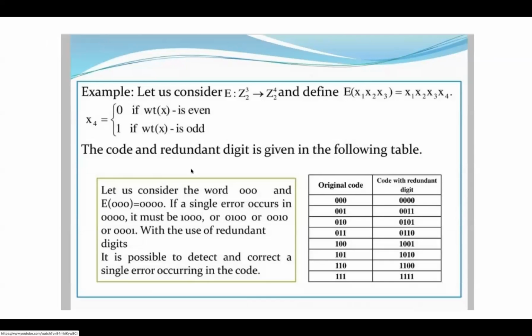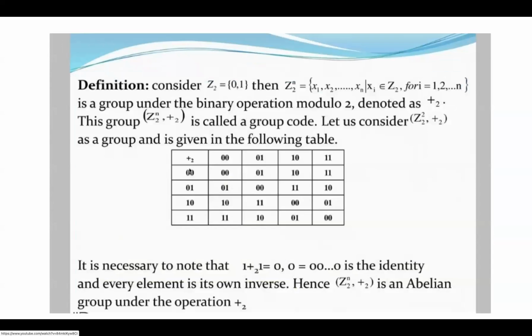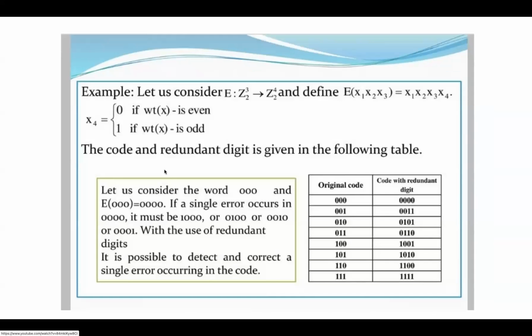Now, what type of example are we going to see here? Let us consider E. E here refers to the code. E means we have to transform Z cube to Z raised to 4.